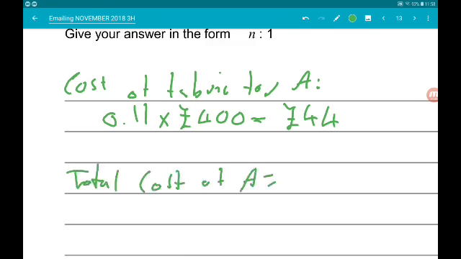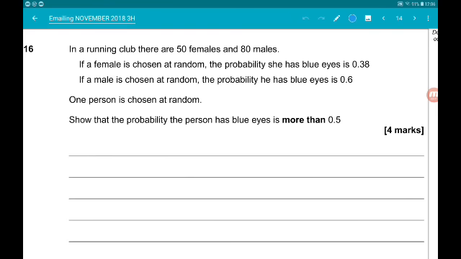If a male is chosen at random, the probability he has blue eyes is 0.6. So 60% of the blokes have blue eyes. One person is chosen at random. Show that the probability the person has blue eyes is more than 0.5.